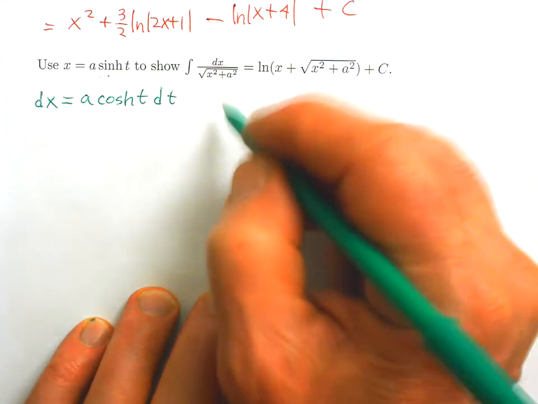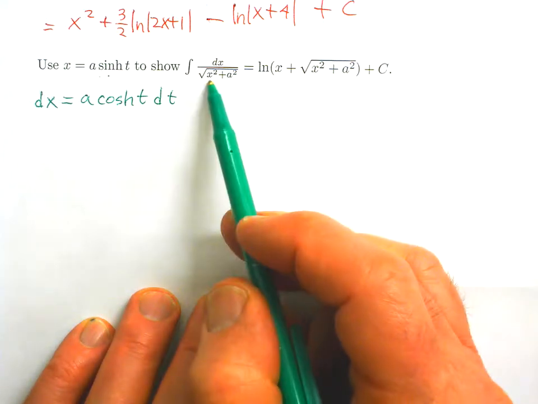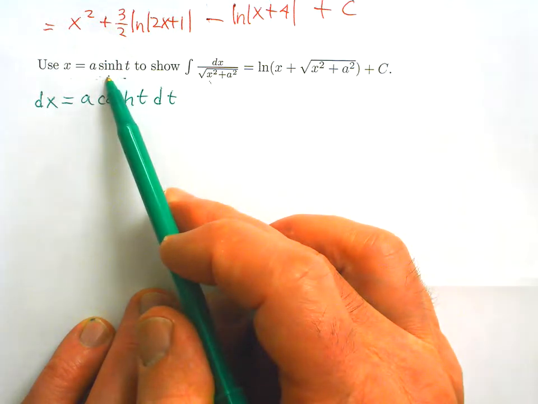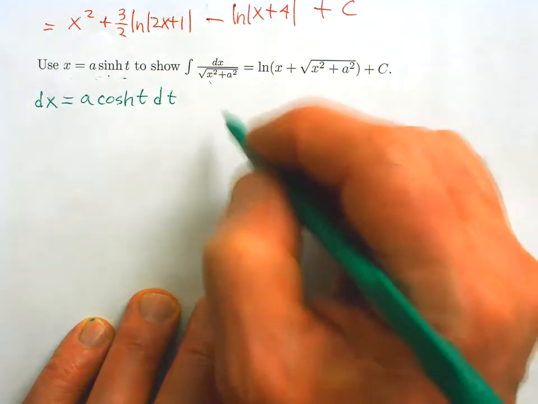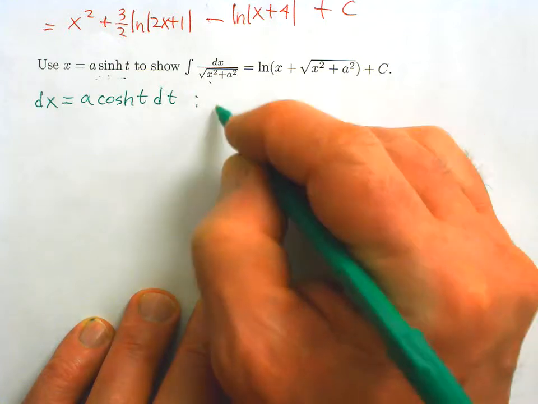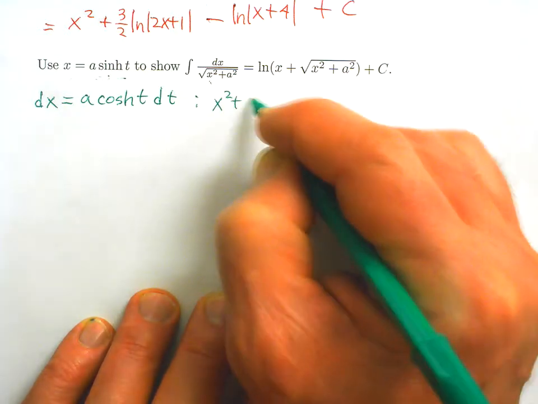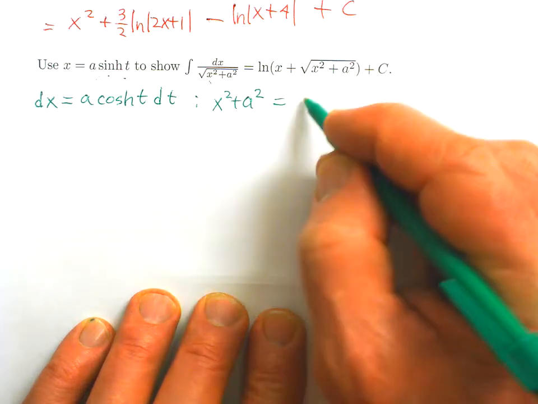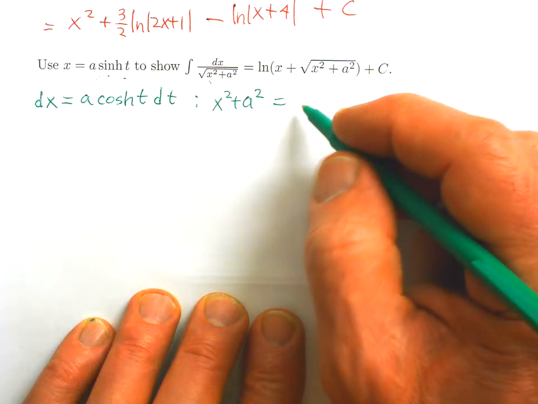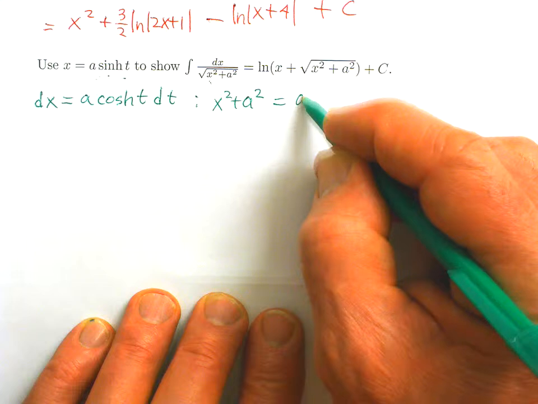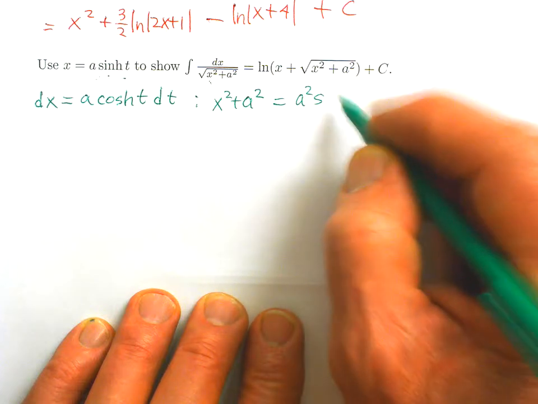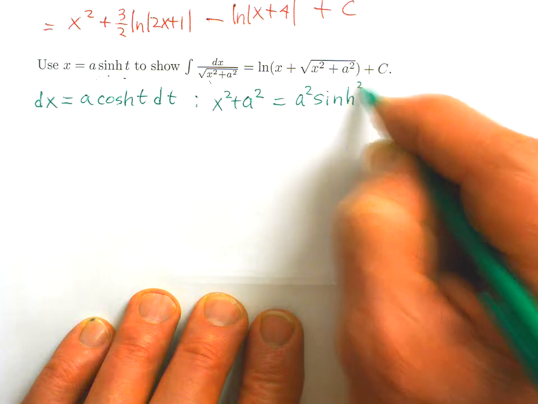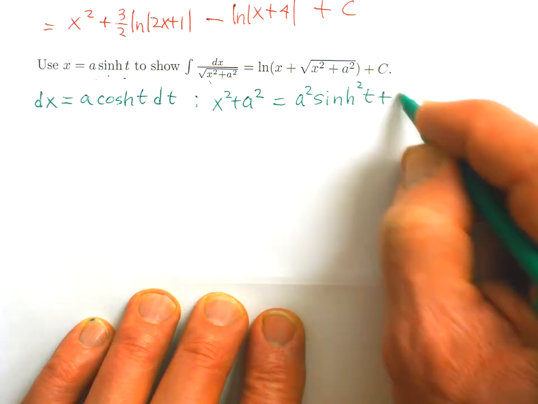And it turns out that when you replace x, let's just look at x squared plus a squared in isolation. Replace x with a times hyperbolic sine of t, we get a squared times hyperbolic sine of t squared, and then plus a squared.